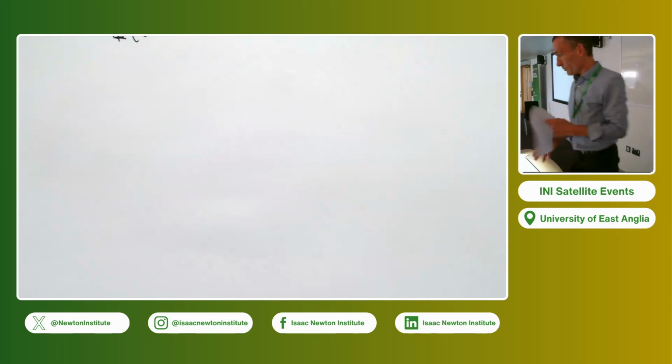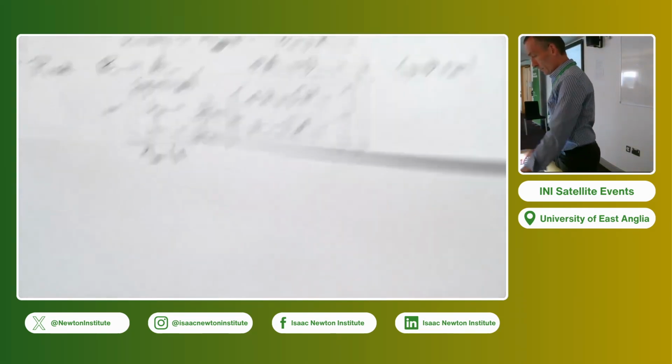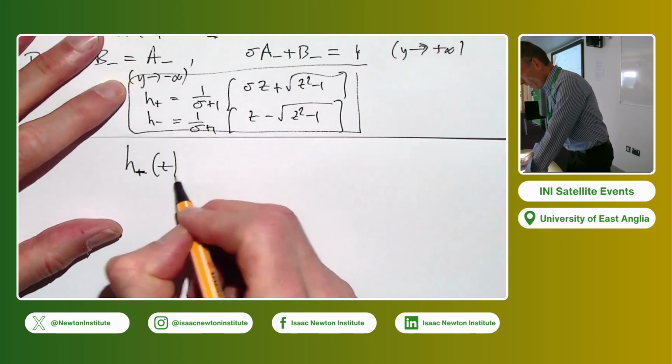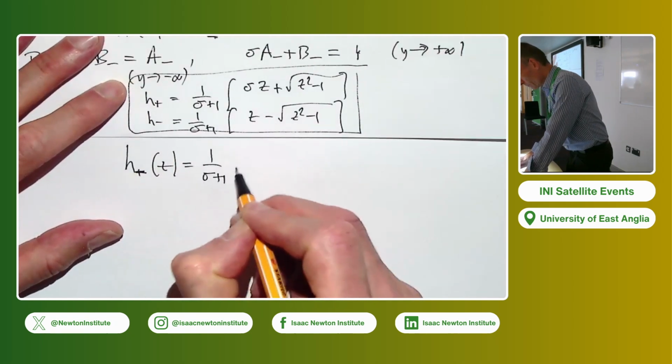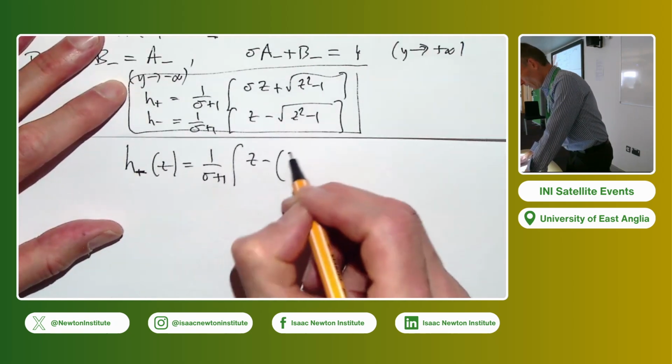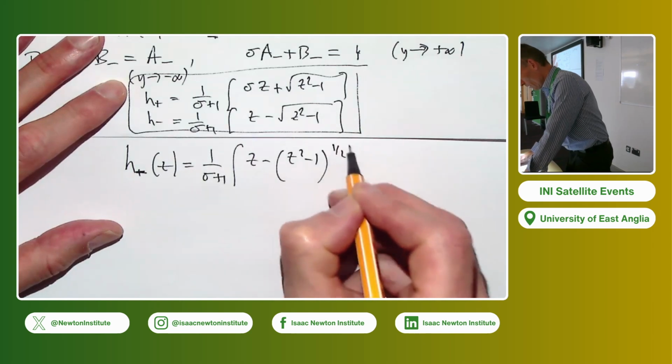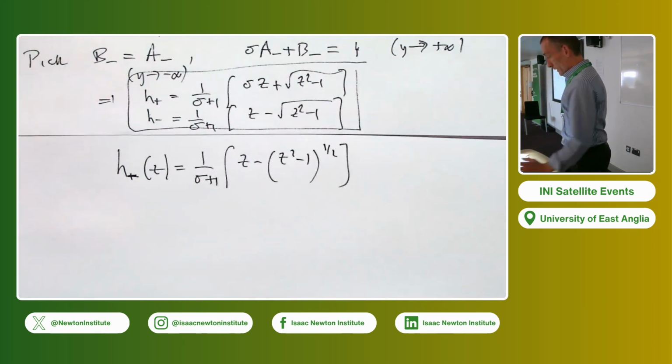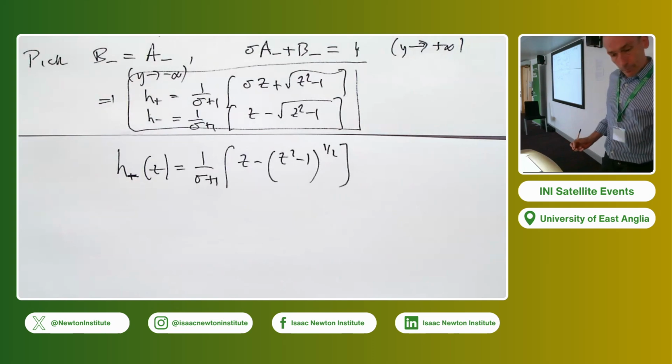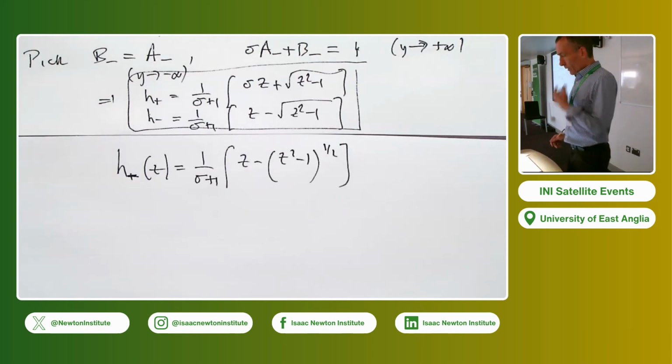Look, there's our H minus. I'll just write it down again. Right, that's the solution. And what happens when Z gets large?